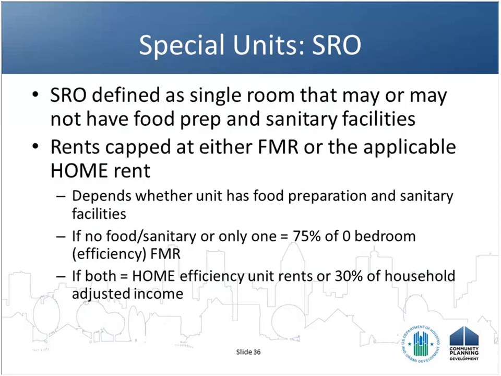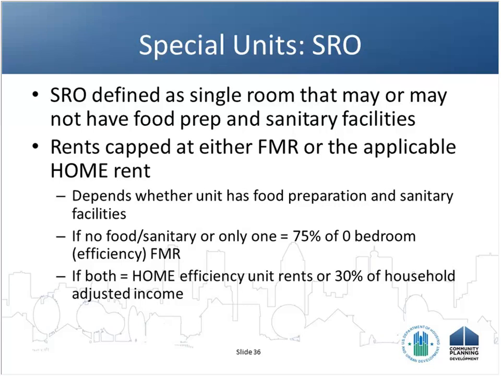We also mentioned earlier single room occupancy units, SROs. So this is where we have a single room. It might have both its own bathroom and cooking facilities, but it might be that they have one or the other and then share with other folks. So our rents are going to be adjusted a little bit based on what that unit looks like and the kind of facilities. The rents are going to be capped at that applicable HOME rent.